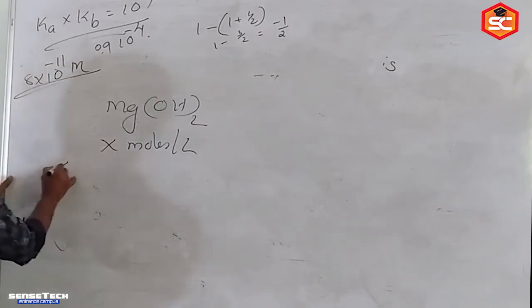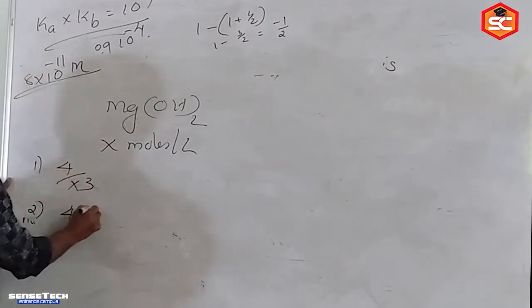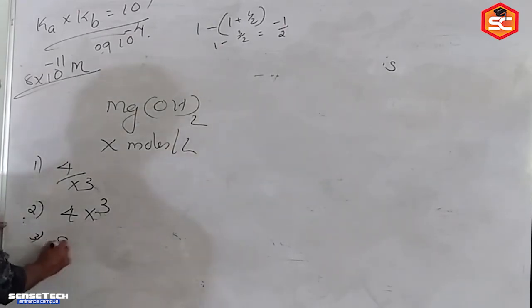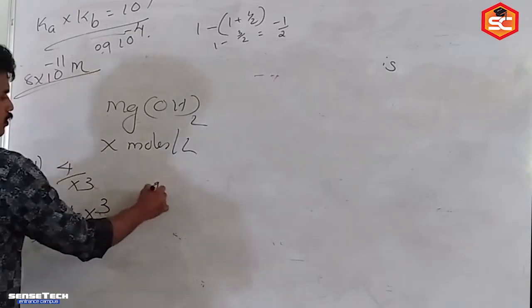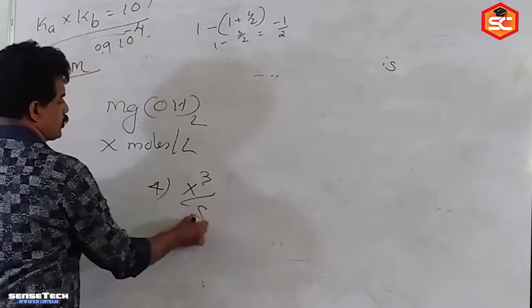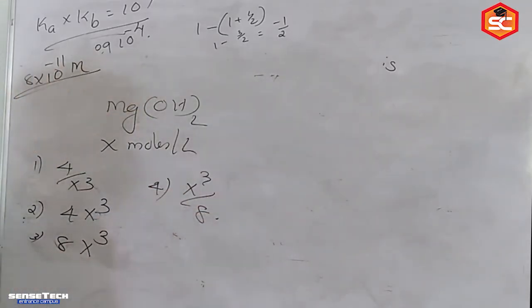They gave options: 4S cube, 8S cube, S cube by 8. Magnesium hydroxide you can directly write as Mg2 plus and 2OH minus. So 4S cube will be the answer.